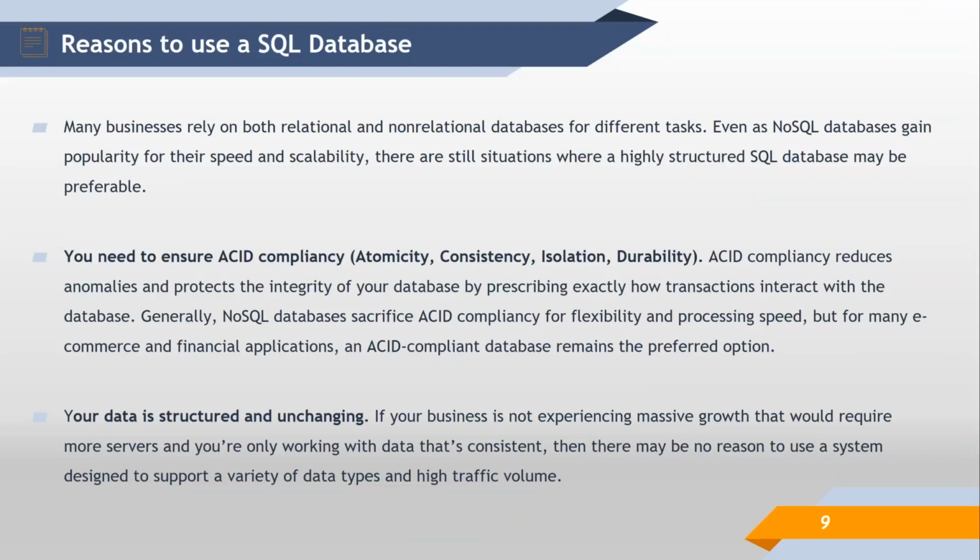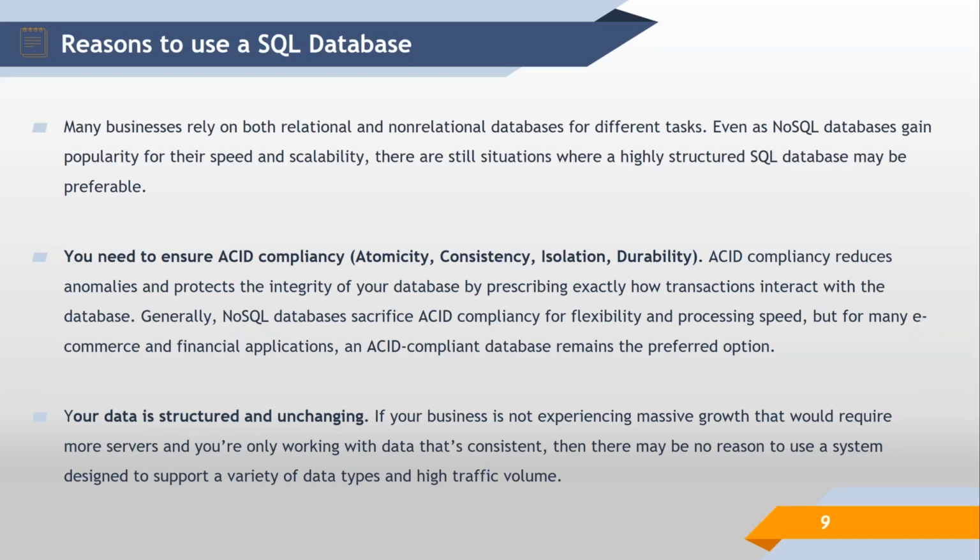So, reasons to choose a SQL database. Like I said, many organizations still rely on relational databases. The major reason to go for a relational database is ACID compliancy: atomicity, consistency, isolation, and durability. These ACID properties make sure that your database is robust enough to handle any anomalies and your data integrity is properly handled.